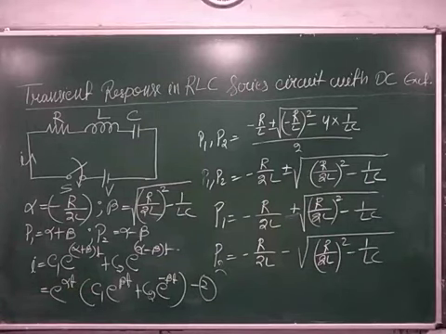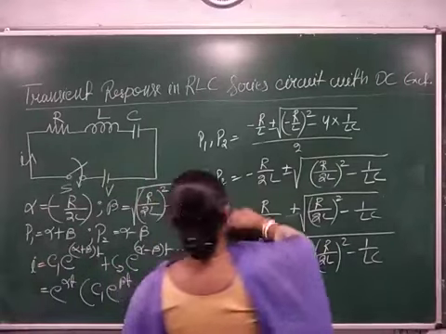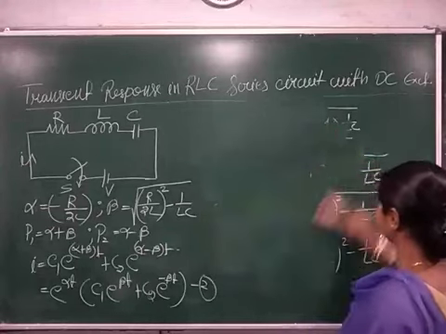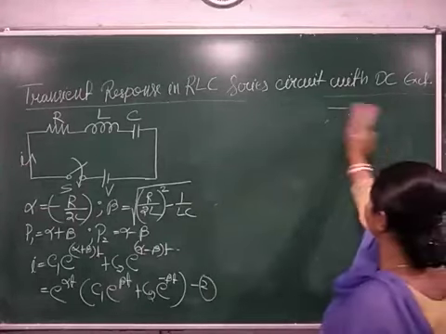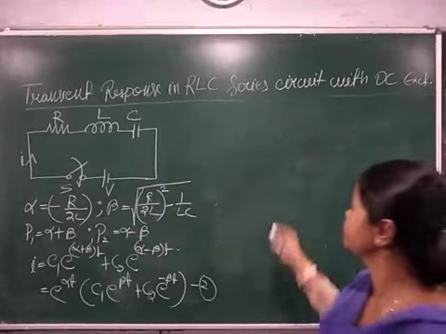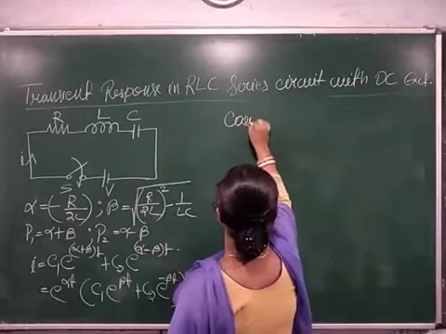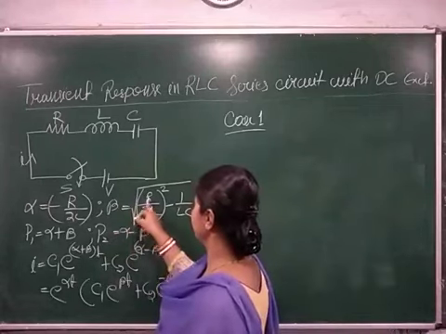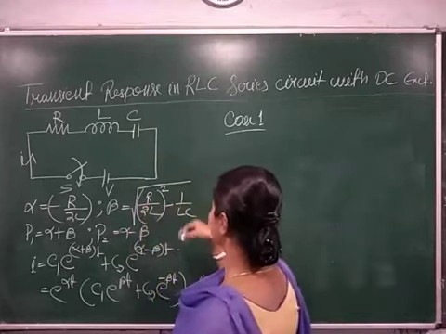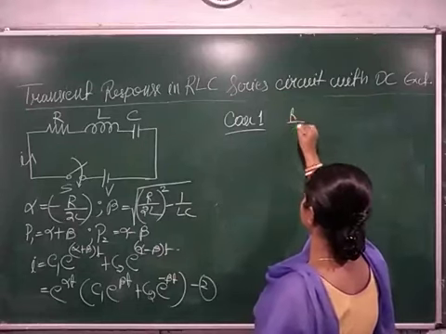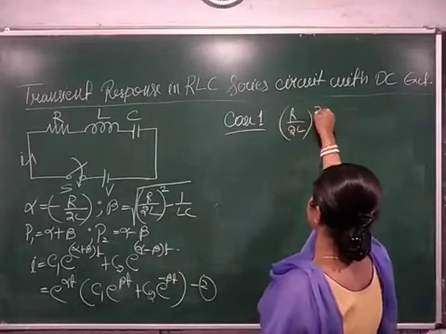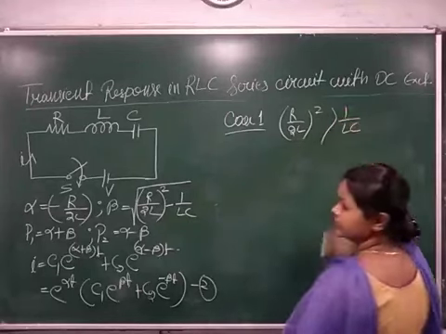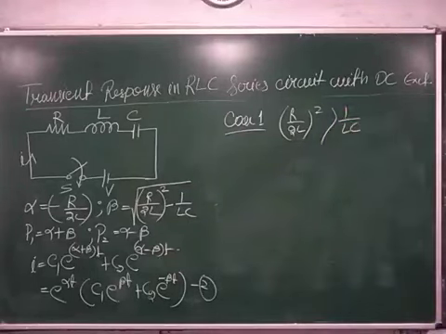Next, here you get 3 conditions. Suppose for case 1, R by 2L whole square is greater than 1 by LC.